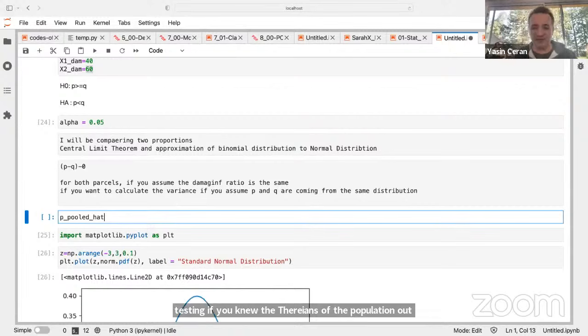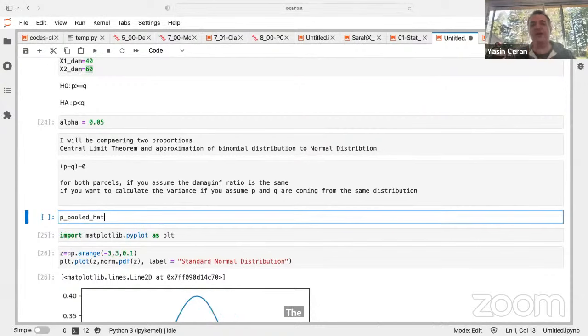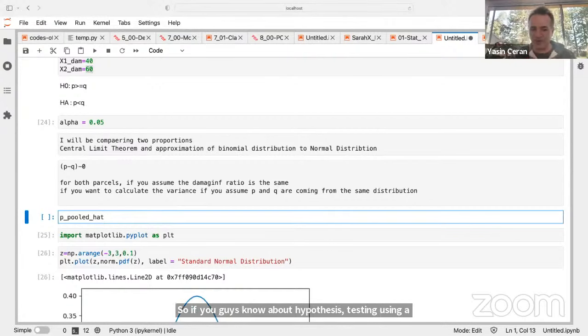If you did not know the variance of the population, which is the case most of the time, and you have to make a decision about a sample that you got from the population, then, because we don't know the population variance, we compute the standard deviation from the sample and assume it is the same as the population's. That is what we do when using a sample from a population without knowing the population variance.